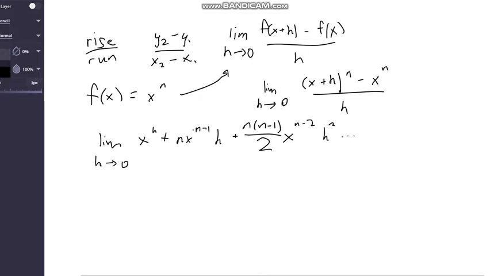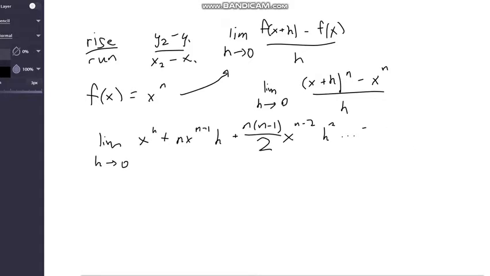As you can see, there's a pattern. H increases by 1 in its power, and x decreases by 1 in its power. This is basically just this part of the equation, including the n, expanded out.